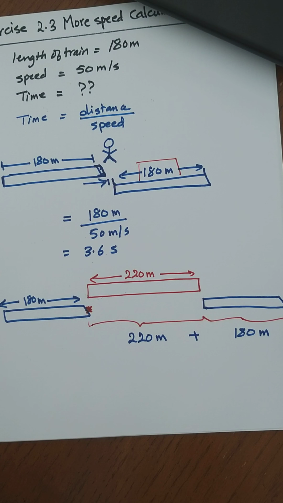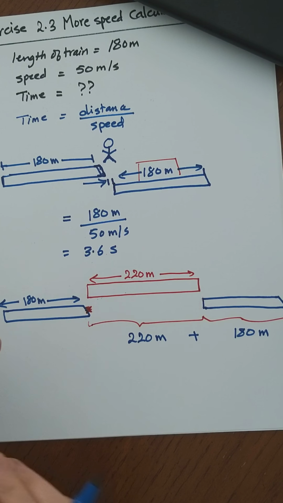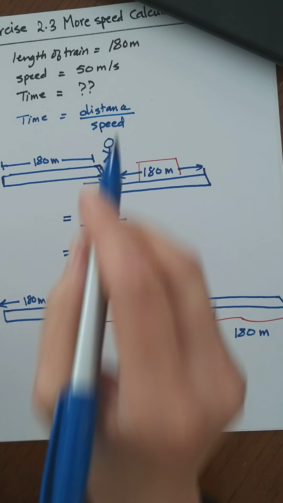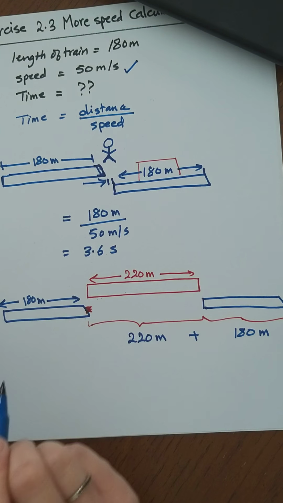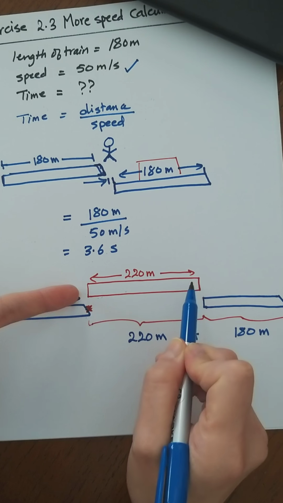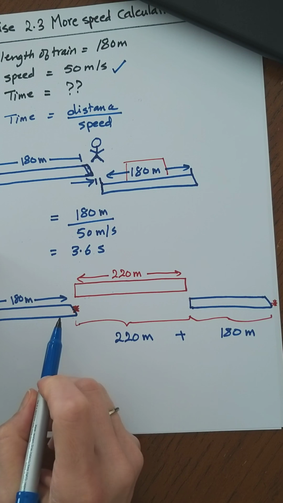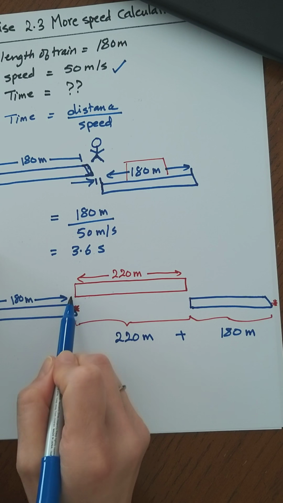It's very simple. We need to calculate time. In order to calculate time, we need distance and speed. The speed we know, it's 50 meters per second. It's the same speed, it hasn't changed. But the distance now is different because now the length of the platform is very relevant. We cannot ignore it. We need to know the distance of the platform.